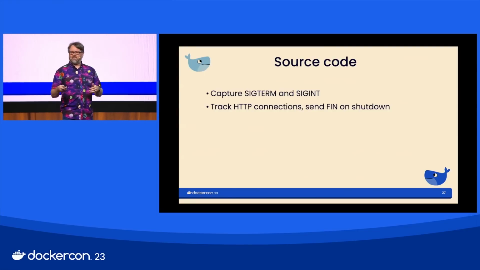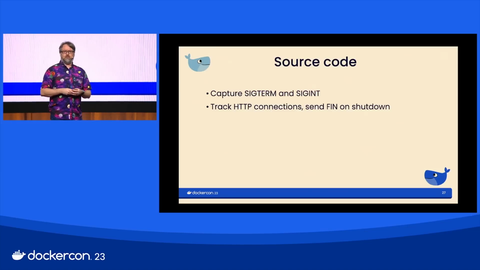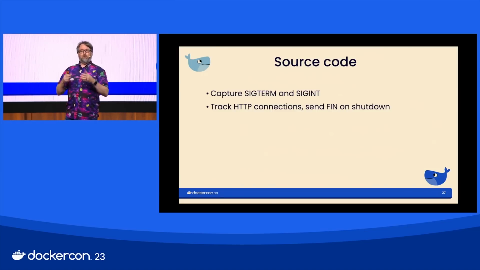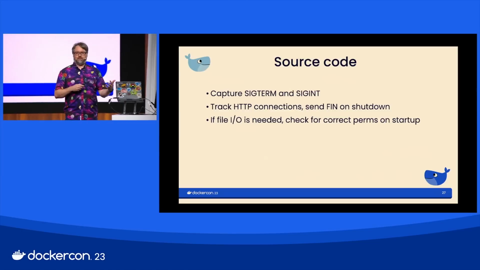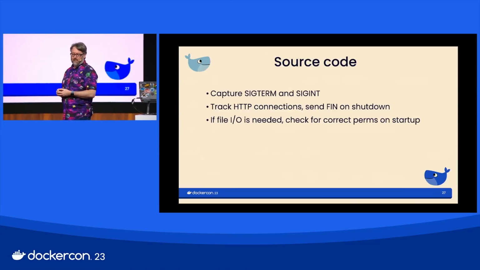You can look up projects like Stoppable, which is a Node.js npm project that will properly count connections and give you FIN packets, which are the way that you do a healthy shutdown of a Node container without cutting people off and giving them a hard connection reset.